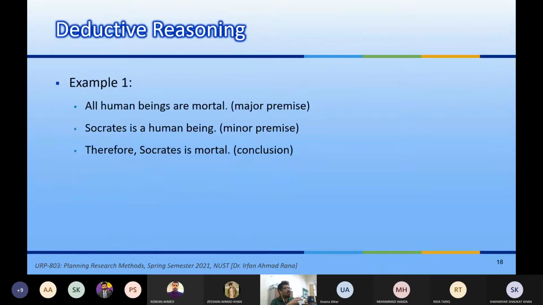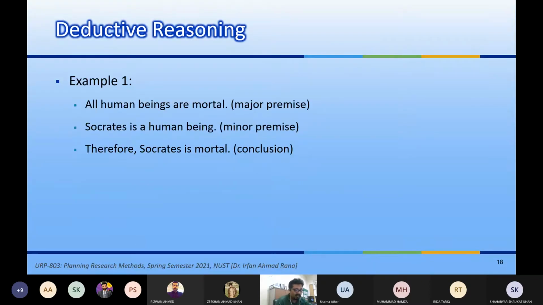Coming back to deductive, let me give you an example of deductive reasoning, in which we have different theories which are already proven. For example, all human beings are mortal. This is a theory, a statement which is true, which is a fact. And then we say that Rizwan is a human being, for example. Now we are going to test this.